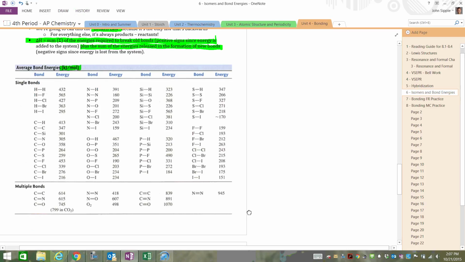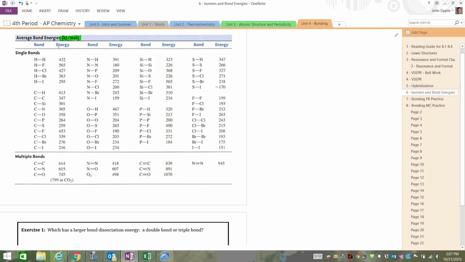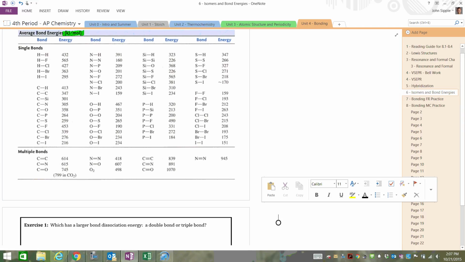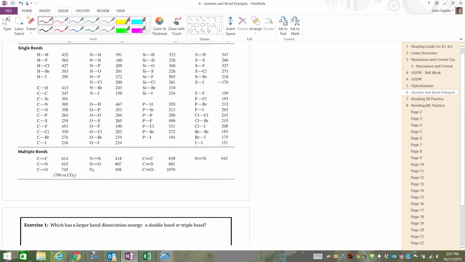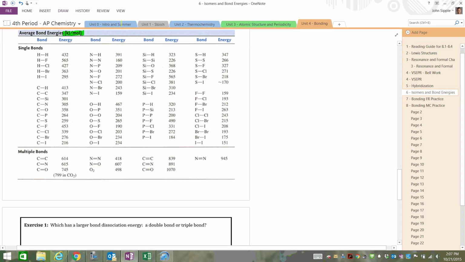Now, there are some interesting trends to look at here. One of them gets at the first question you're looking at: which has a larger bond dissociation energy, a double bond or a triple bond? Let's look at a carbon-carbon double bond and a carbon-carbon triple bond.